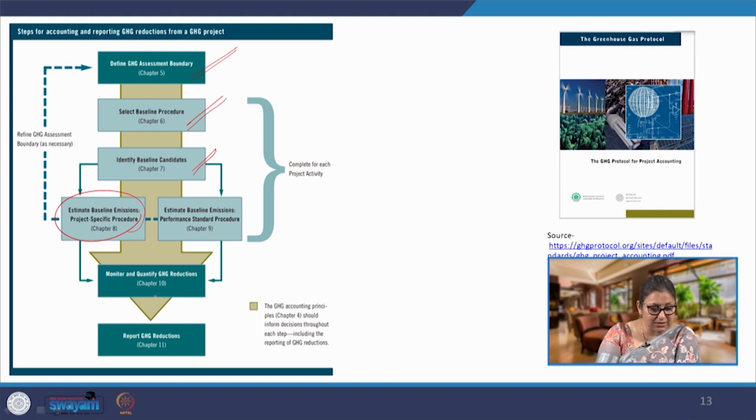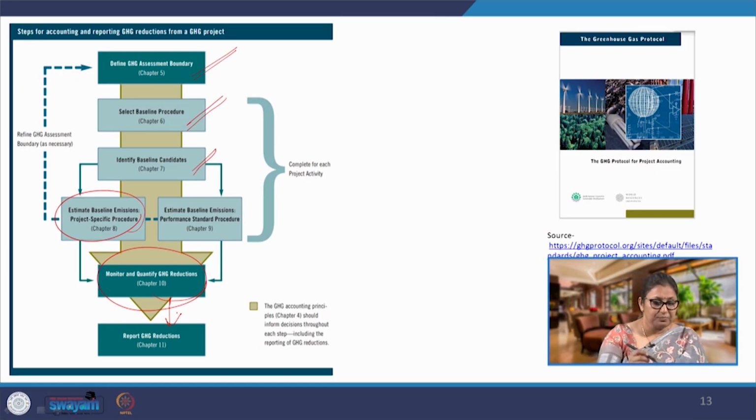This will give us the GHG reductions from baseline to the accounting year, the reporting year, and then we will take it to reporting the GHG reductions. This is the generic process, and then there are the activities within this.